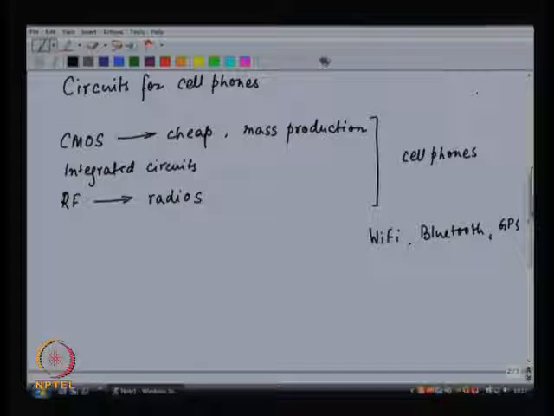So, a few more here and there, maybe FM radios. So, not many more other than cell phones.